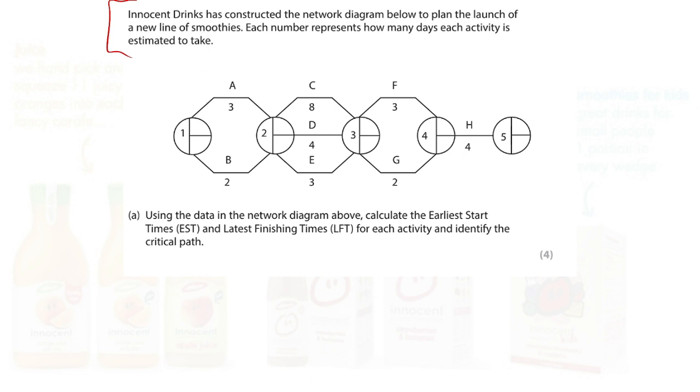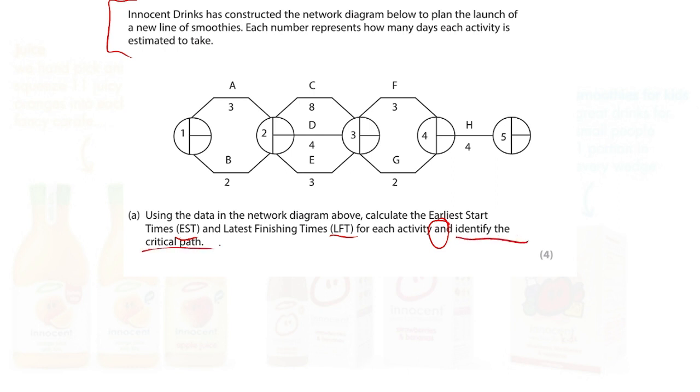Easy, okay? So using the data, which is there, and actually I've not shown you any other data extracts because there's enough there already. This is like a data extract in its own. Calculate the earliest start time and the latest finish time for each activity. Watch out for that word, hey? And identify the critical path.